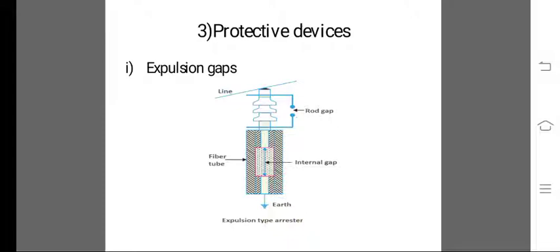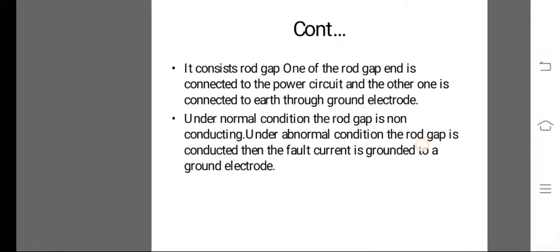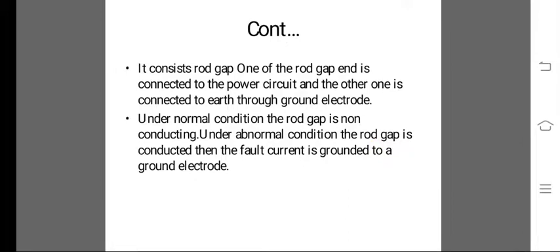One of the rod gap ends is connected to the line and the other one is connected to the earth through grounded electrode. Under normal operating condition, the rod gap is non-conducting. Under abnormal condition, the rod gap conducts, then the fault current is grounded through the ground electrode.